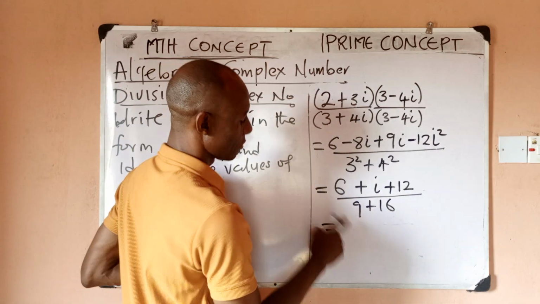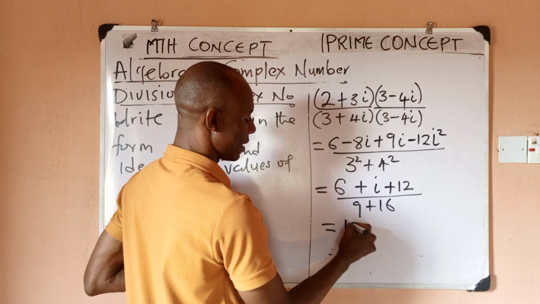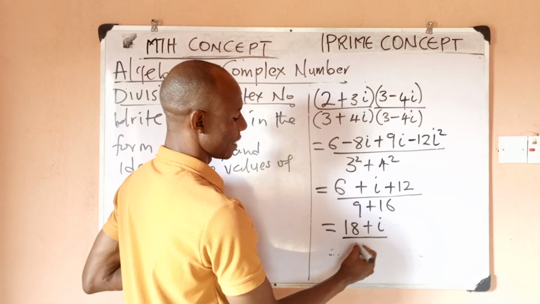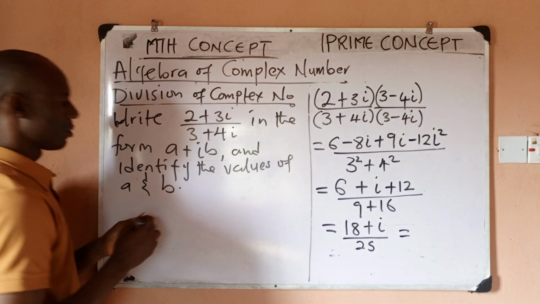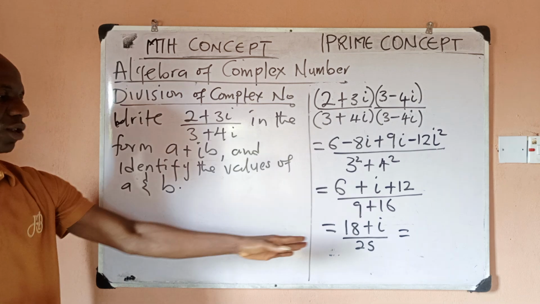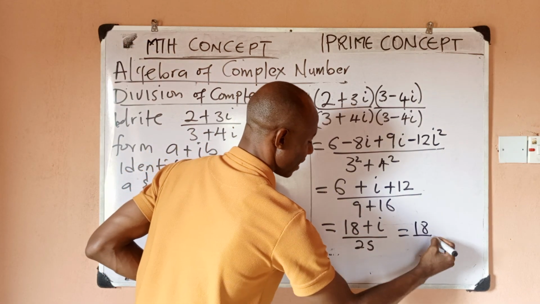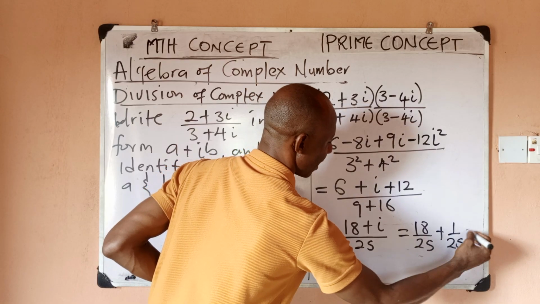So I have 6 plus 12, which gives me 18, plus i. Then all divided by 9 plus 16, which is 25. Now for me to write it in this form, a plus ib, I'm going to separate this. So I would have 18 divided by 25 plus 1 divided by 25 i.